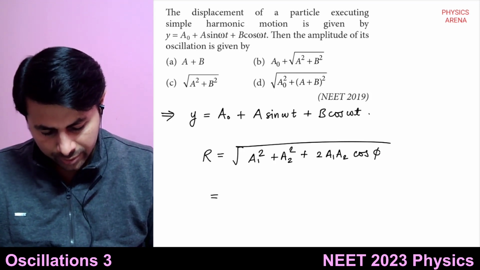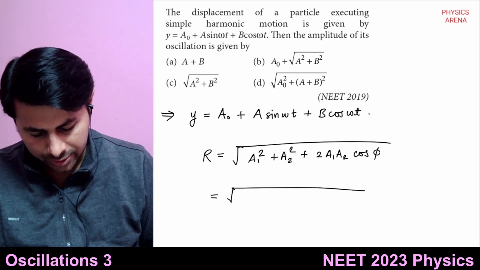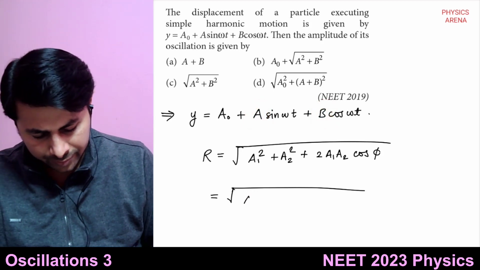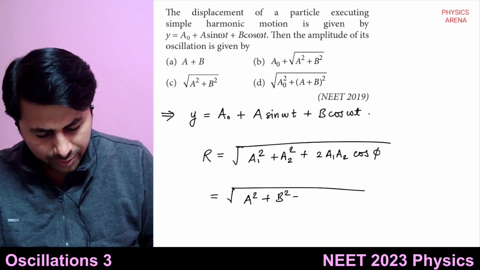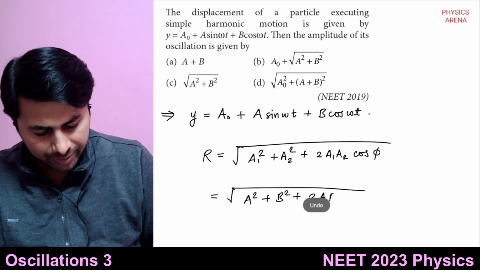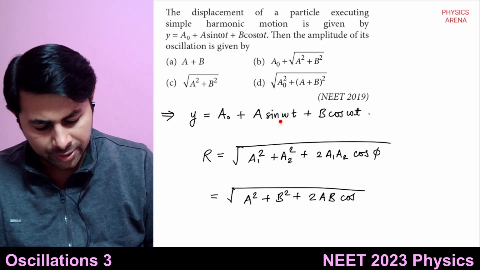So that is square root of A square plus B square plus 2 times A1 A2, that is A multiplied by B multiplied by cos of phase difference between these two.